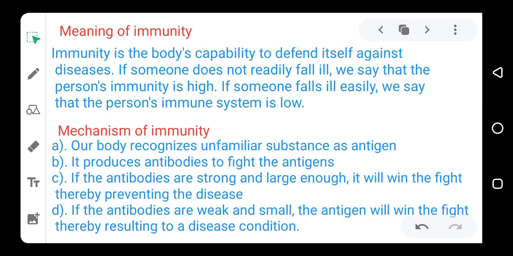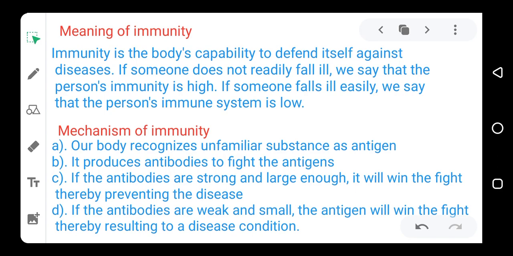Then the immune system will produce a substance that we call antibody. The immune system, that is the defense mechanism in our body, will now produce another thing called antibody. So the antigen is like the enemy in the body. In fact, antigen means enemy in the body because it comes to attack our body.